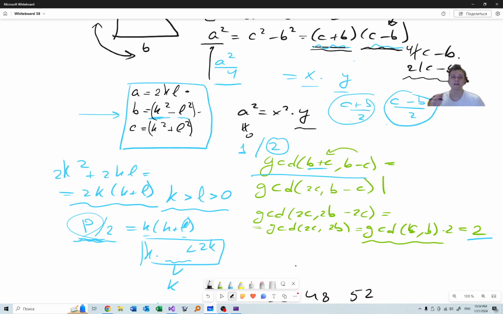So you either can multiply it by any number, but k and l should be relatively prime, or they can be not relatively prime, but you should multiply it by a square-free number. Okay, this is a bit problematic. Still should be fine.